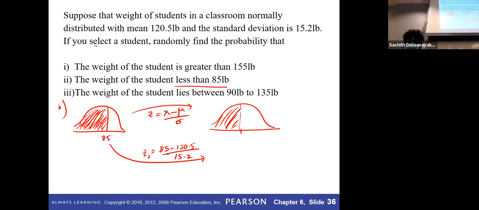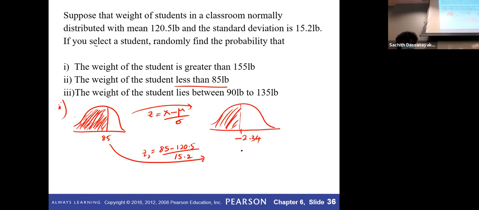Negative, definitely it is negative. So this value is negative 2.34. I just rounded it to 2 decimals. The exact value is negative 2.33555, so I round it to 2 decimals.